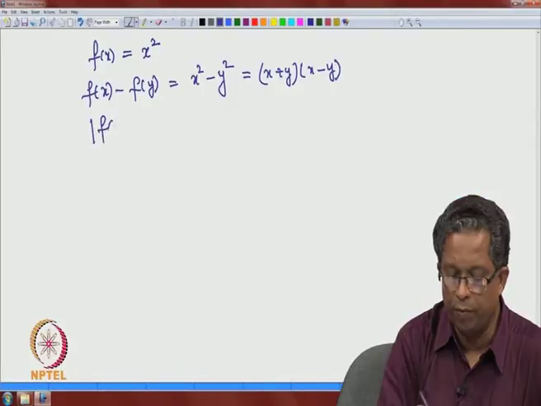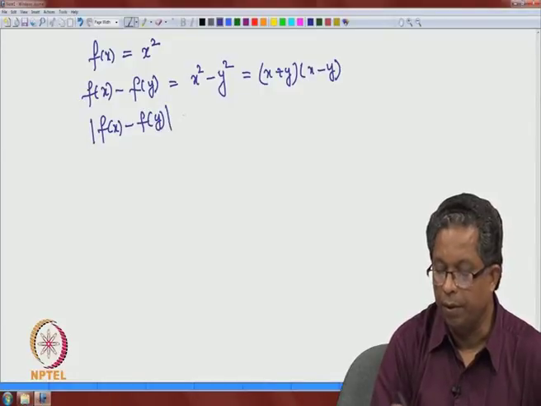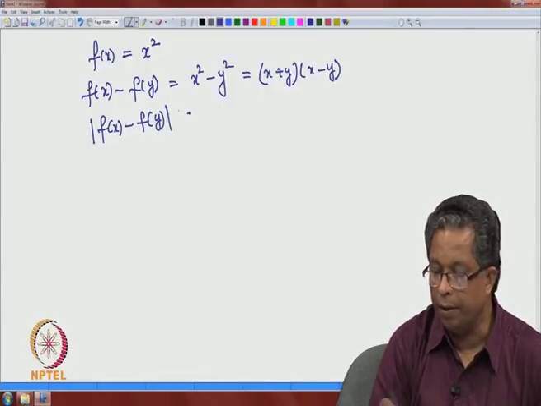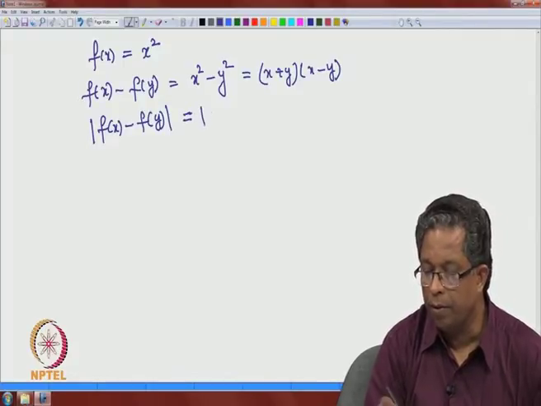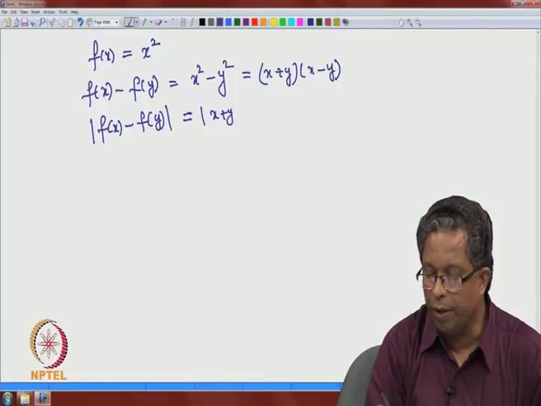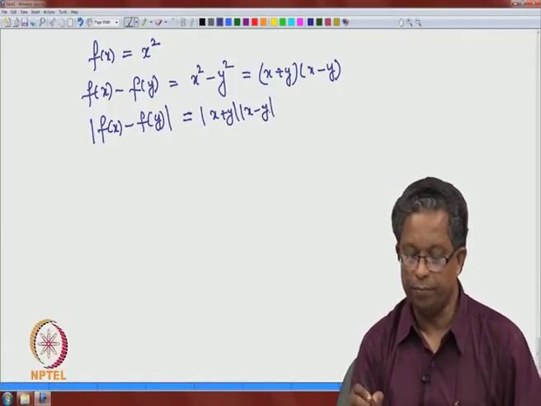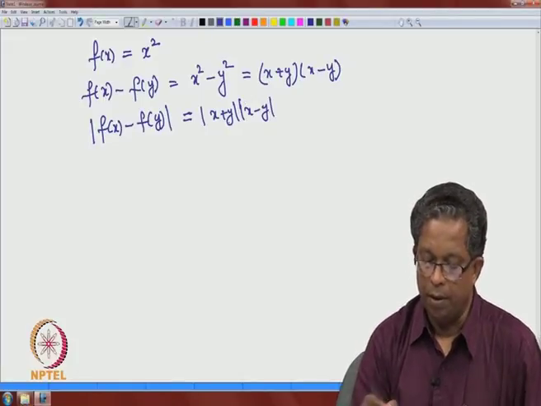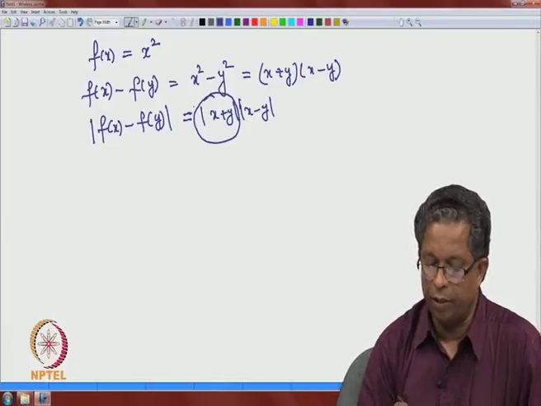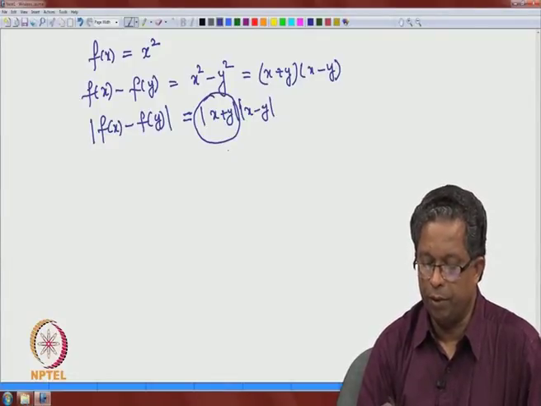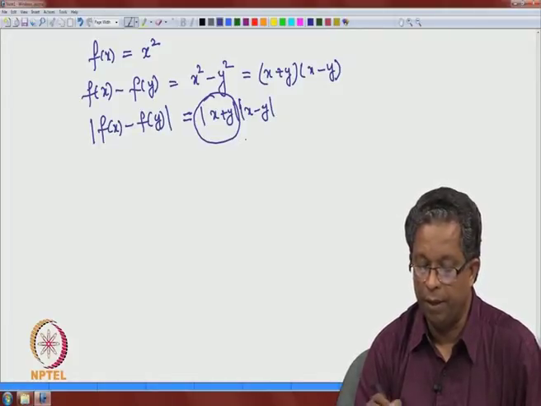So the absolute value of f of x minus f of y is equal to absolute value of x plus y into absolute value of x minus y. Now consider the quantity absolute value of x plus y. This is not a bounded quantity if x and y are allowed to vary in the entire real line.